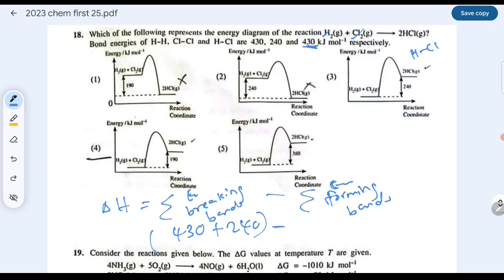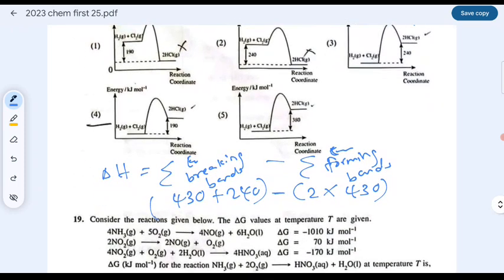There are two H-Cl bonds formed, therefore we have to multiply it by 2, 2 times 430. Then when you simplify this, you will get the answer as minus 190 kilojoules per mole.